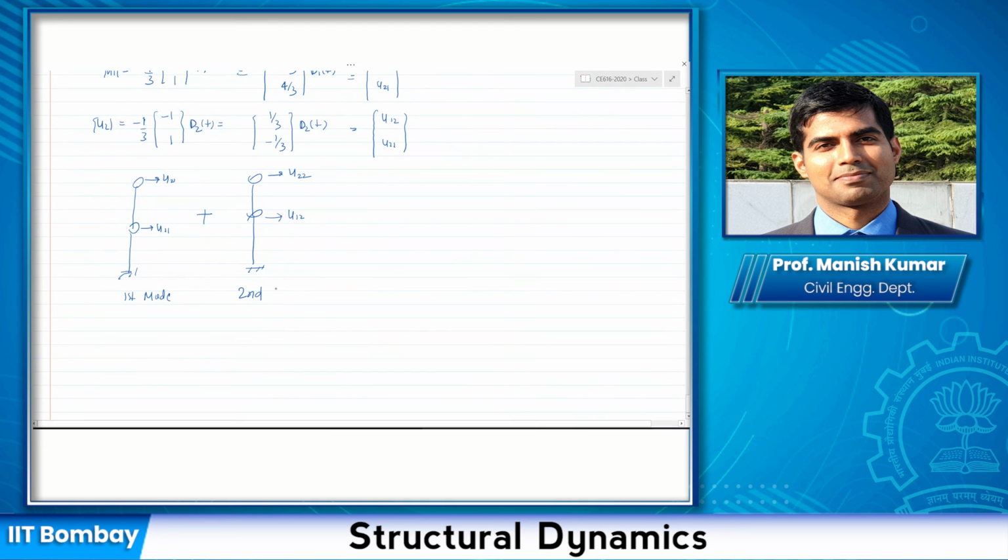So I'm discussing the first procedure, not the equivalent static procedure. In this procedure, I know that the story stiffness here is 2K, and the story stiffness here is K. Okay, 2K, K here. So what would be my V21 and V11?